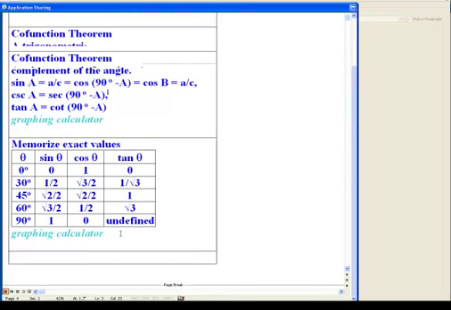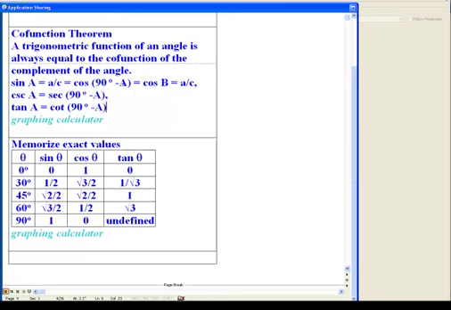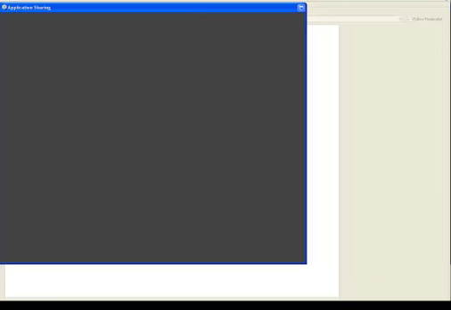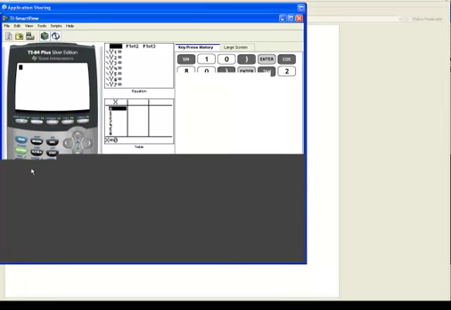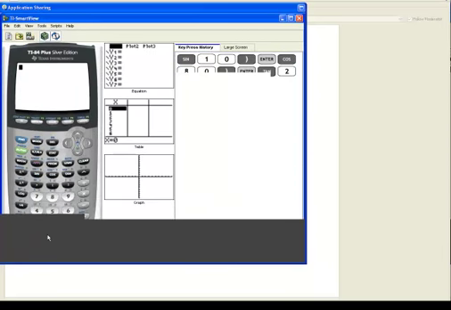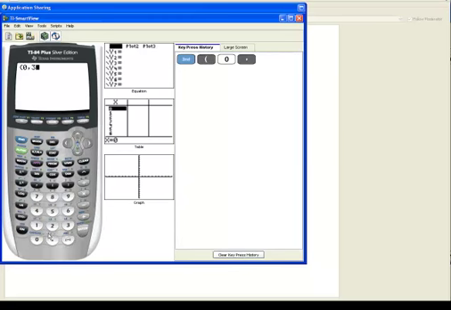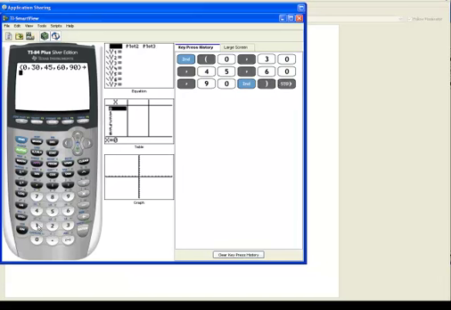We can use the graphing calculator and figure out those numbers. I'll just check them here for the sine relatively quickly. I'm going to put 0, 30, 45, 60, 90 into a list. Store list L1.